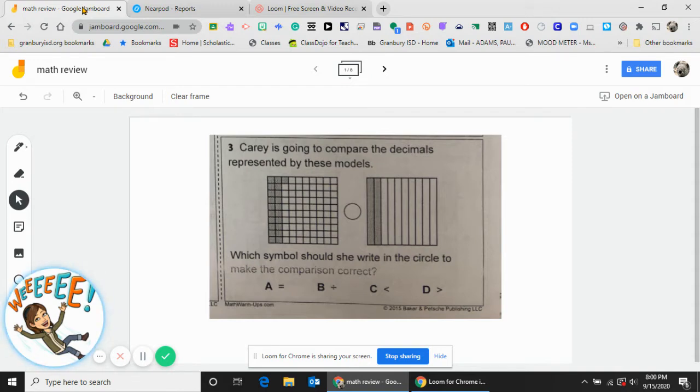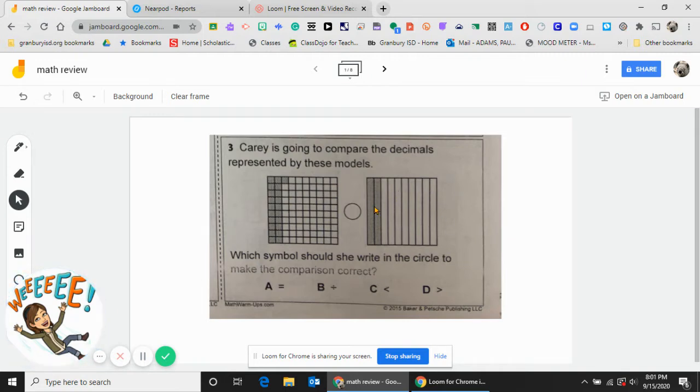And welcome back. All right, our problem number one has to do with Carrie, and Carrie's going to compare decimals representing models. We've compared decimals before, but this is a picture form of comparing them. First thing I notice is I have one model that's broken into 100 pieces, so that's got to be my hundredths spot.